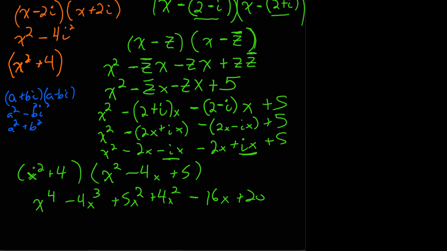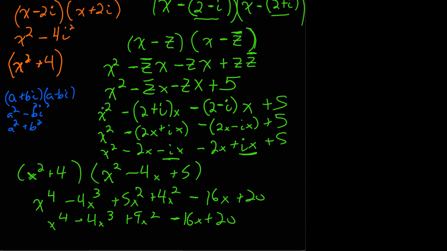Let's see here, I'm double checking everything. x to the fourth minus 4x cubed plus 5x squared. So x to the fourth minus 4x cubed plus 9x squared minus 16x plus 20. Here, I'm double checking my signs. Always double check for a sign error. x squared minus complex conjugate x minus complex number x plus z z bar.